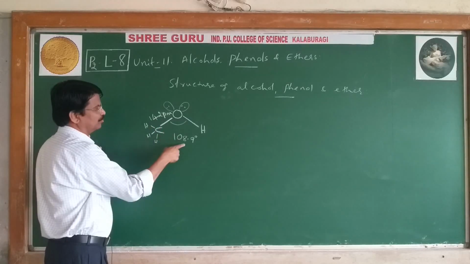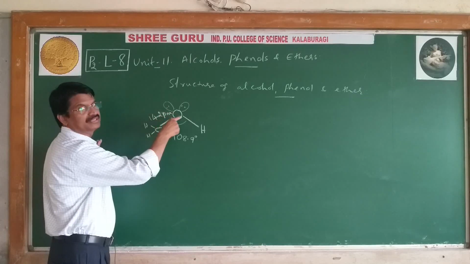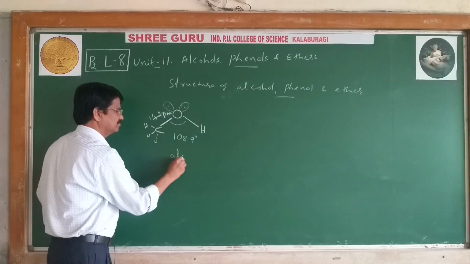Bond length, bond angle, and lone pair. Two lone pairs of electrons are there on oxygen in all the three cases. This is structure of alcohol.